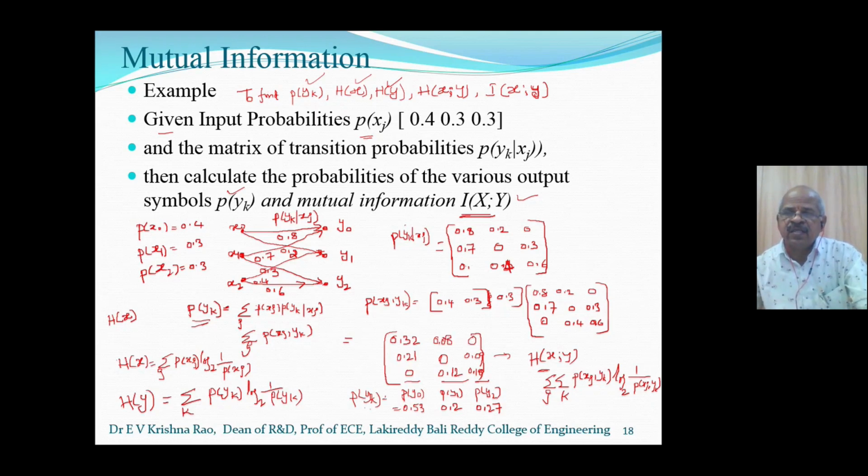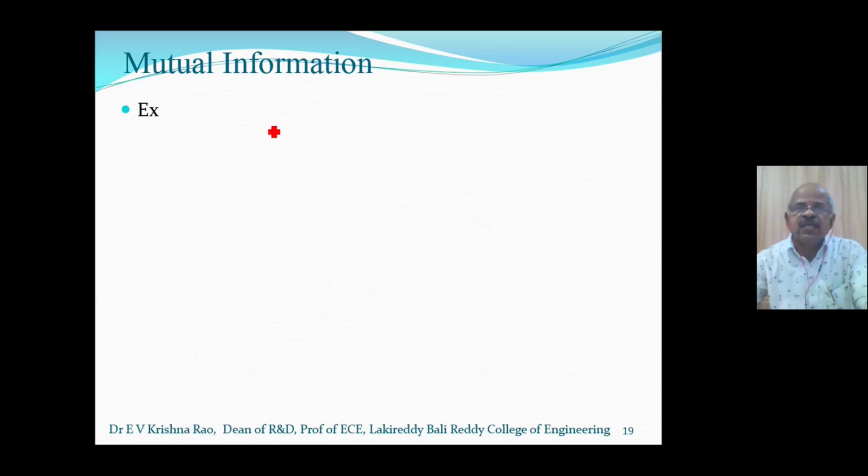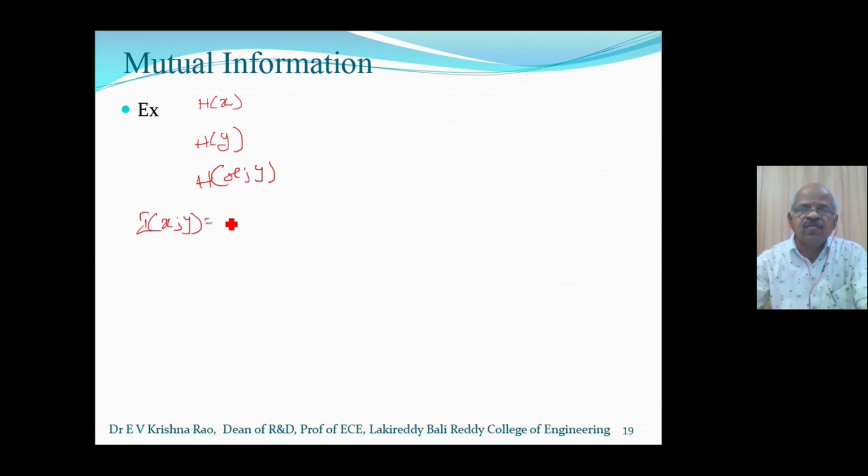There are 9 elements. You multiply and sum, you will get the joint entropy. Then the mutual information you will get using one of the properties, H of x plus H of y minus H of x comma y.